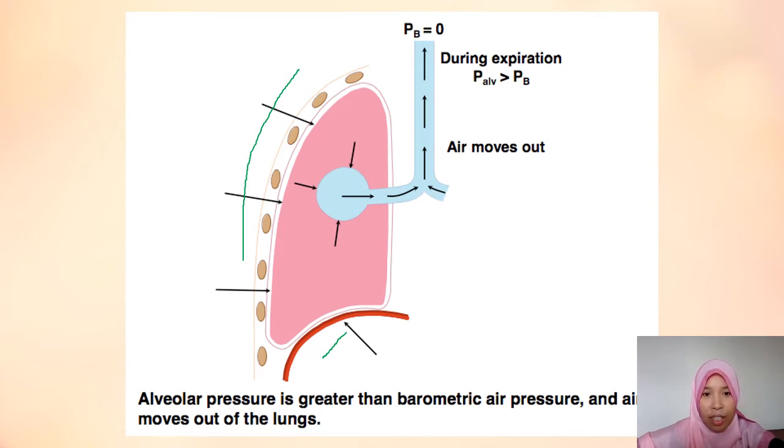And you can see that now, the arrow here shows that the air is now moving out, because the pressure inside is now greater than the pressure outside, right? So greater concentration, a greater pressure. So the movement is from the inside to the outside now. So this is basically what happened during expiration, right?